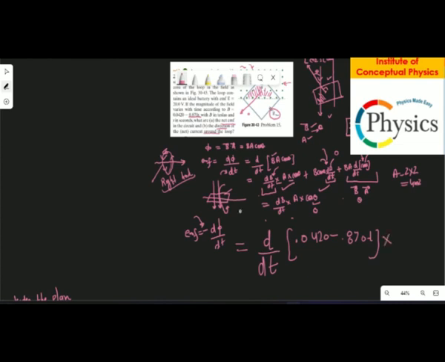The area is half the square. So it will be 2 multiplied by 2 divided by 2, right? So the total area of the square is this, half of this, multiplied by the cosine of the angle.